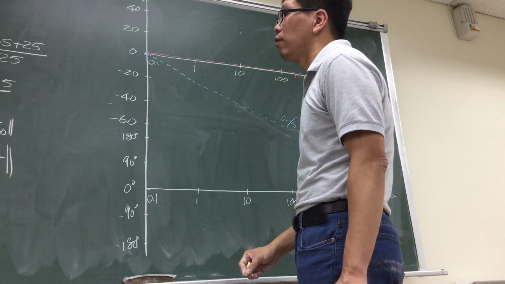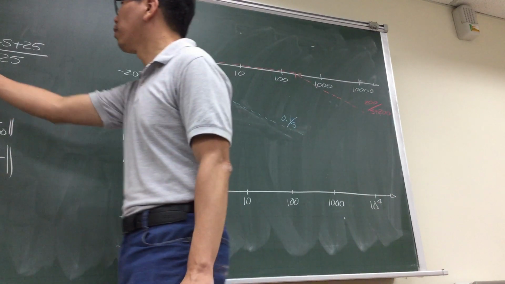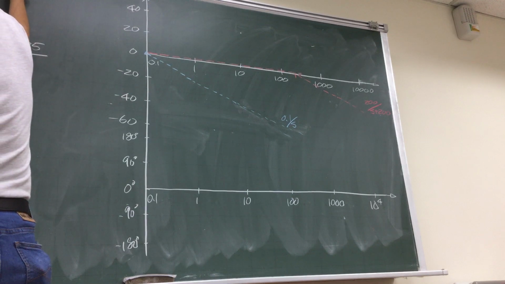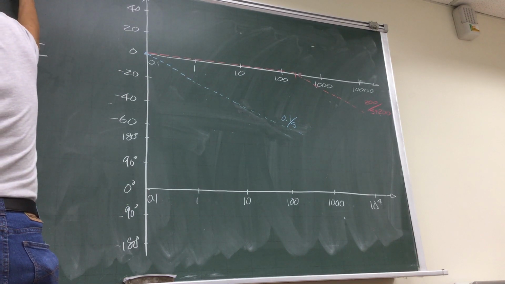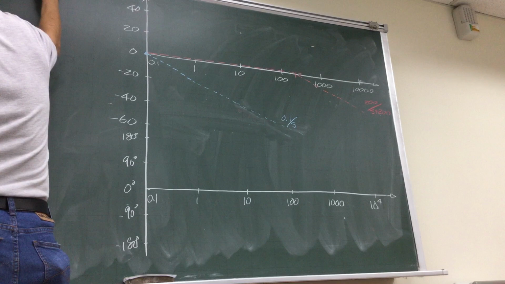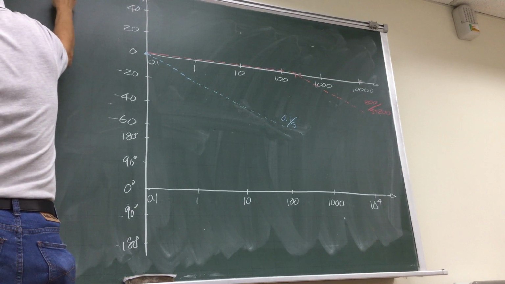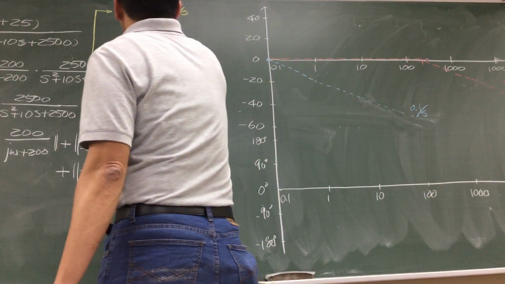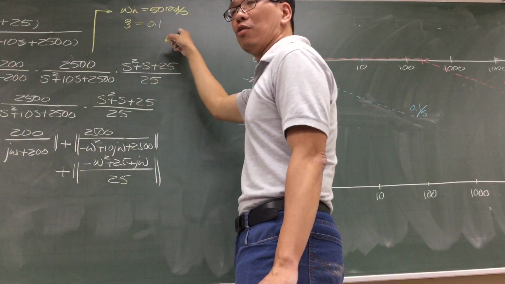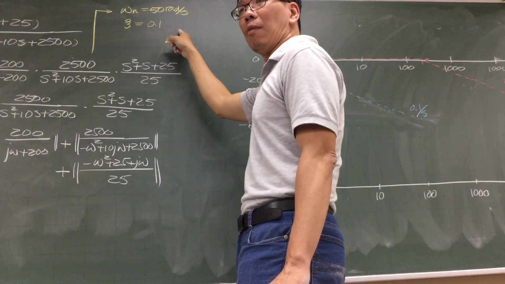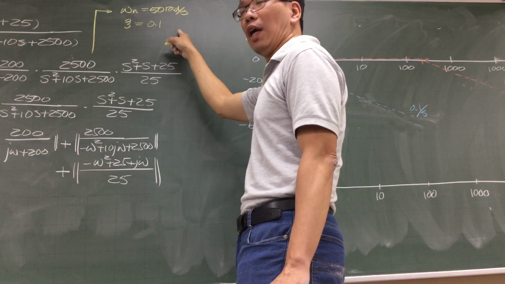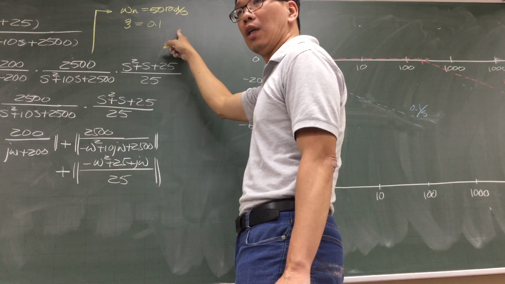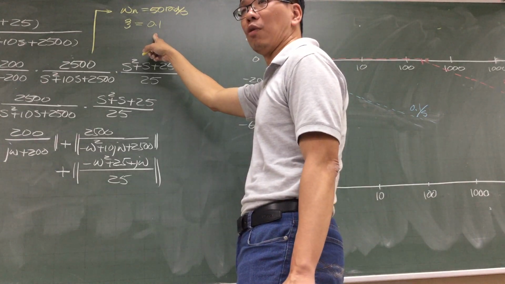Then let's deal with this one first. I got my omega n equal to 50 radians per second. What is my damping ratio? 0.1. Very good. So based on the previous page, the peak at resonance frequency, when the damping ratio equals 0.1, how many dB?